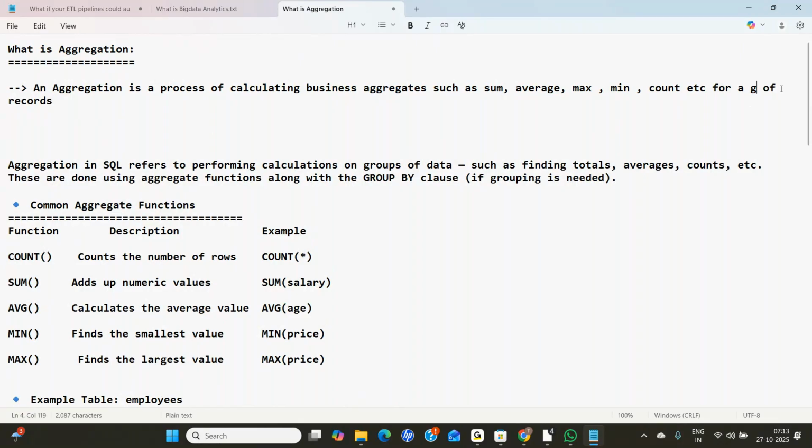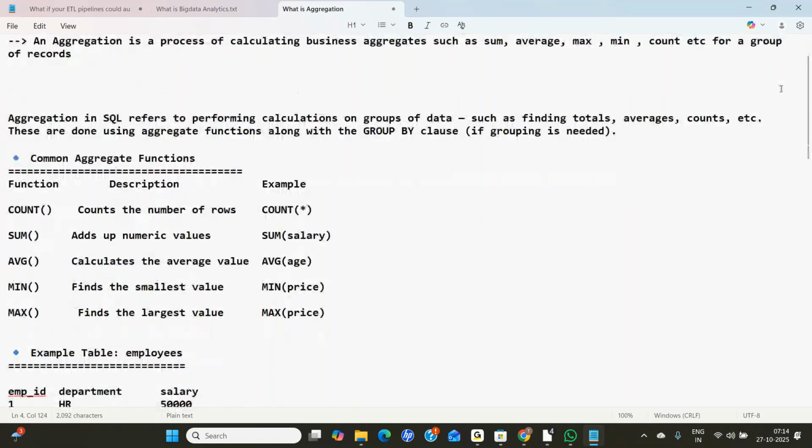What is actually a group? A group always defines a certain category of the data. For each category of data, you are going to calculate total, average, max, min, count, etc. These are all called business aggregates.